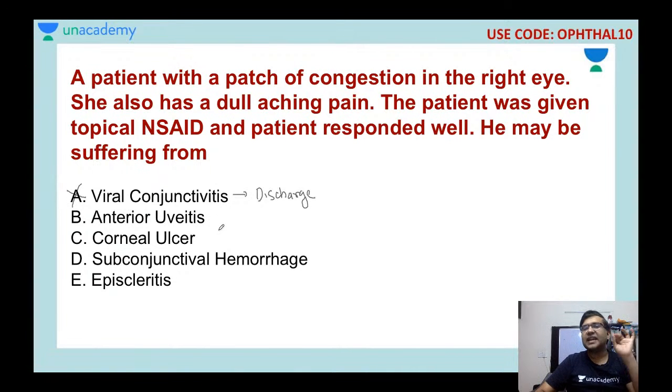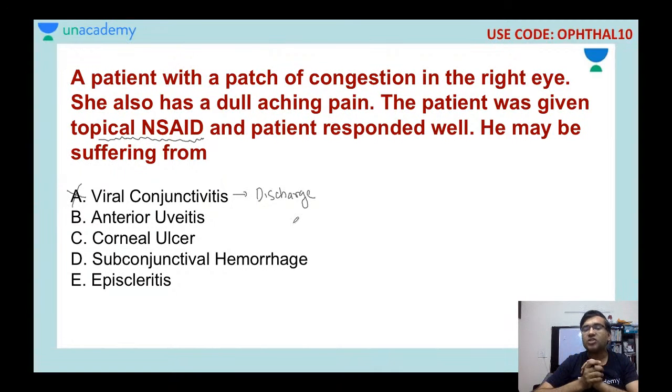Now option B is anterior uveitis. Definitely an anterior uveitis patient may come with congestion and pain, but there may be a hint that there is a circumcorneal congestion and not a diffuse congestion. Anyway, it can be a presentation of this also, but remember the patient is responding to a topical non-steroidal anti-inflammatory drug.